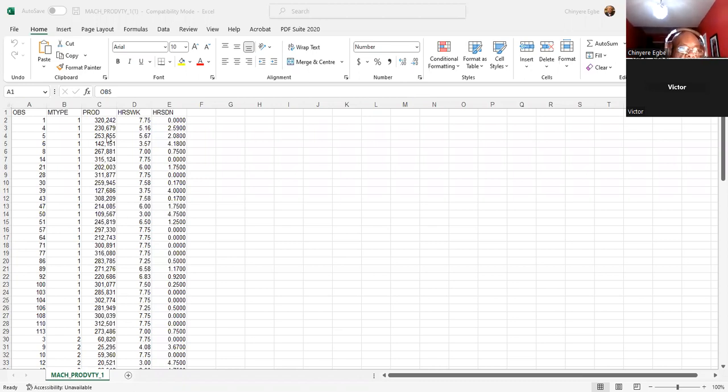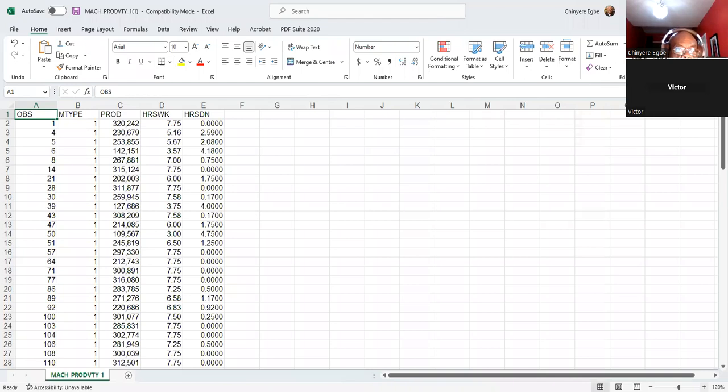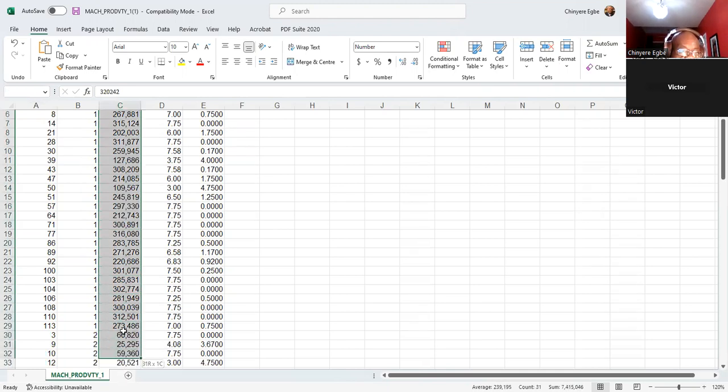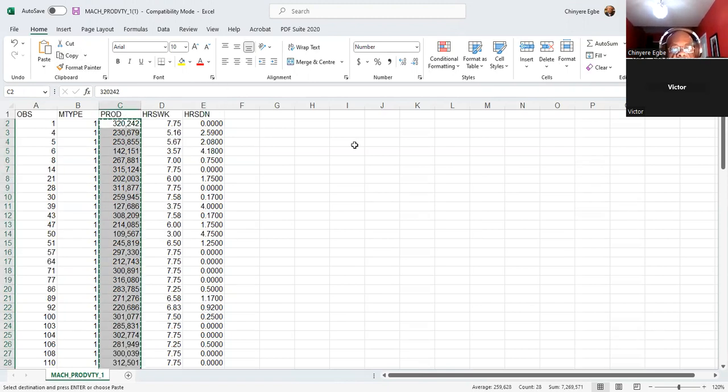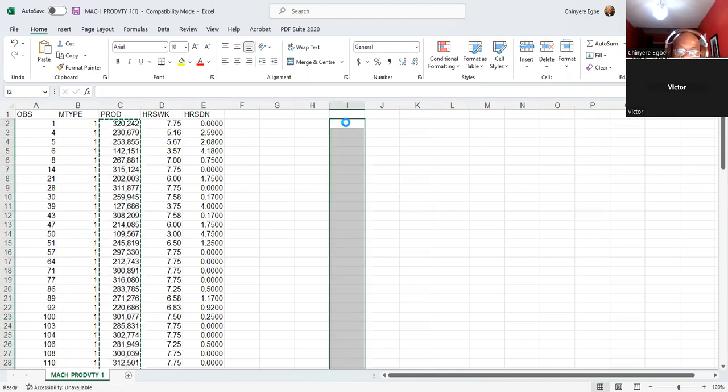All right? Are you seeing my spreadsheet? Yes, I can see the spreadsheet. Okay. So this is machine 1. So we're going to take all the data from machine 1. And we're going to test a hypothesis about machine 1. So I'm going to copy machine 1. I'm going to put it there.